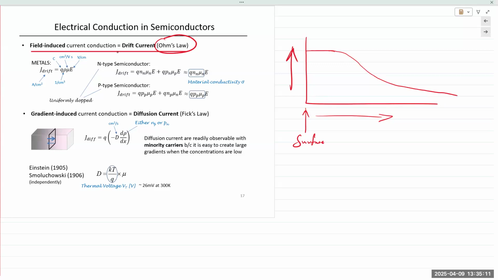If you have doped a material with, let's say, 10 raised to 18 atoms per centimeter cube, there's a heavy concentration at one end.